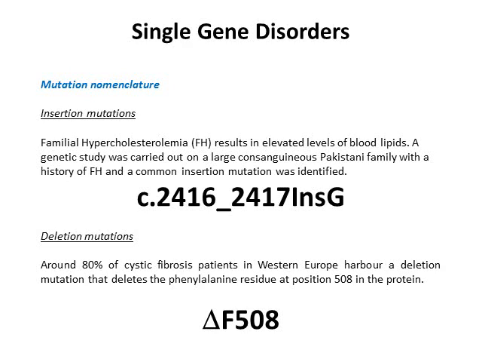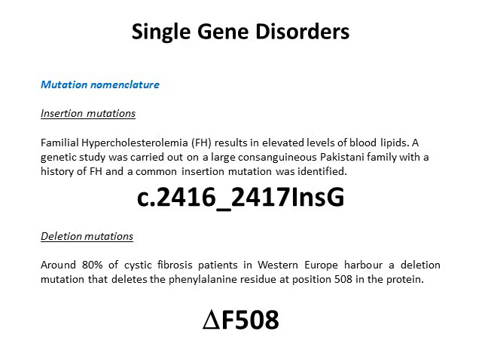You can get mutations which affect just the DNA, where you don't want to go on to describe the effects on the protein. And these are written out as I've shown here. So familial hypercholesterolemia, FH, basically results in increased levels of fat in the blood, and obviously is associated with heart disease.